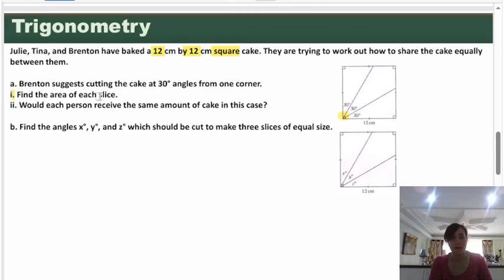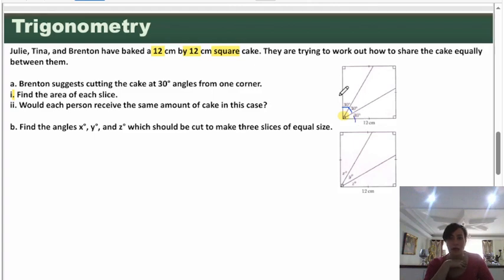says find the area of each slice, and then asks would each person receive the same amount of cake in this case? Okay, let's consider whether it is fair and all of them get the same amount of cake or not if they cut it at a 30-degree angle.